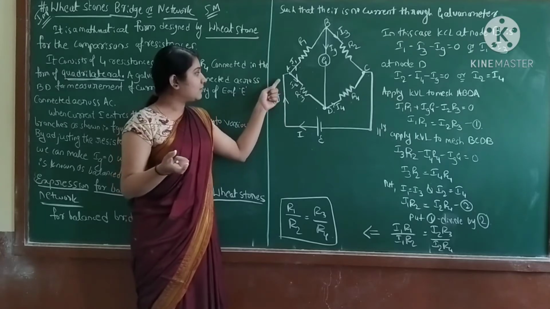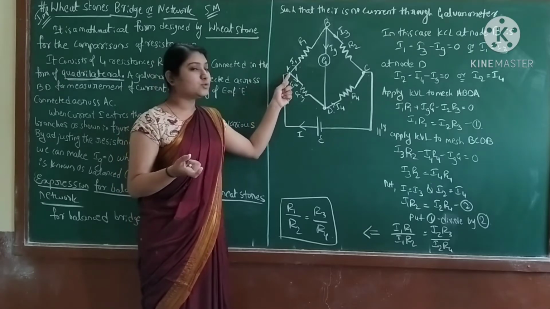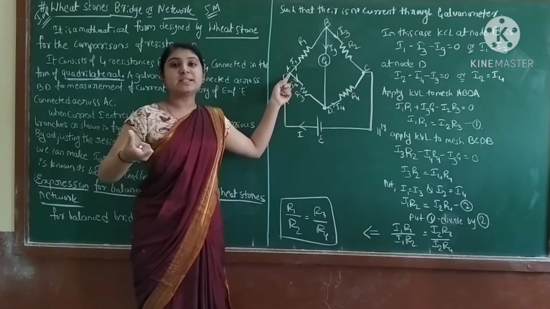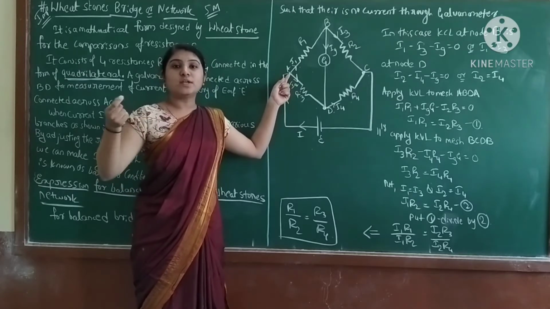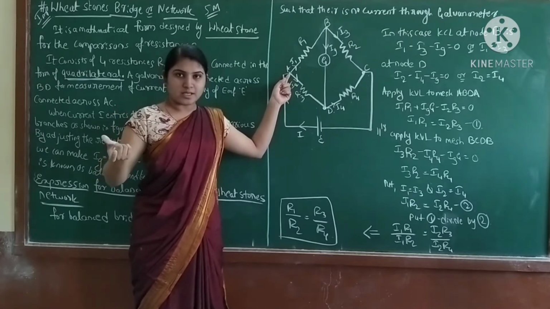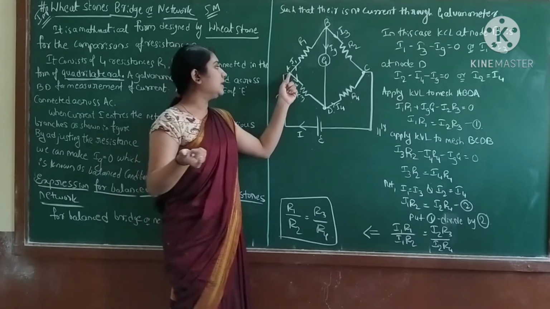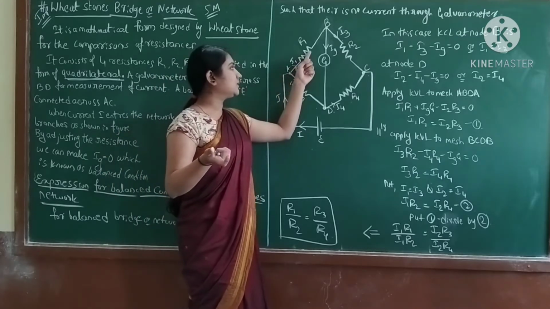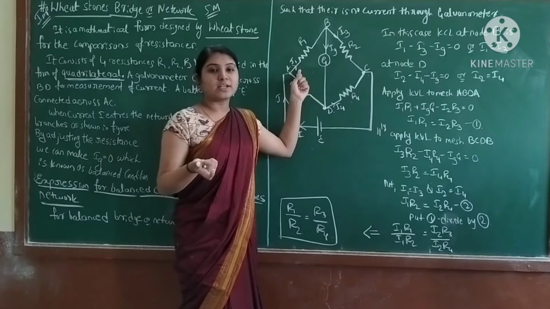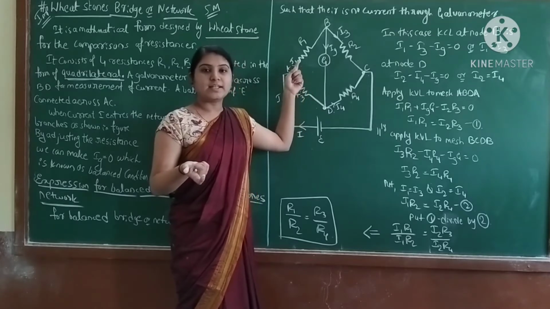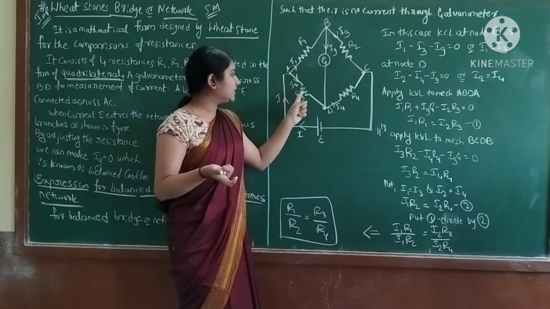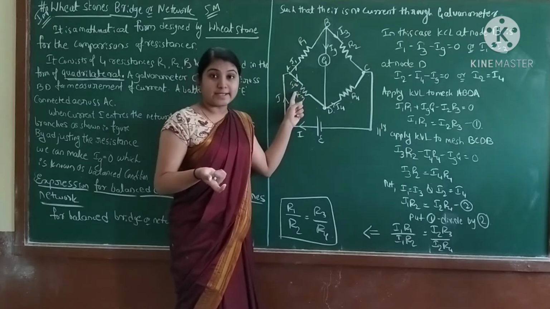When the current enters the resistance, we can call it I1. Here it is I1, and here it is coming and becomes I2.